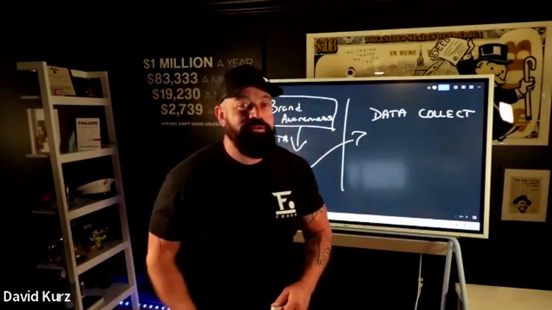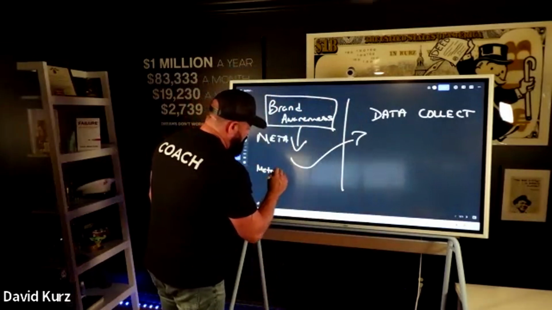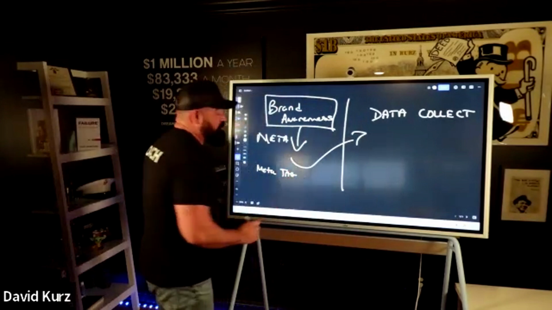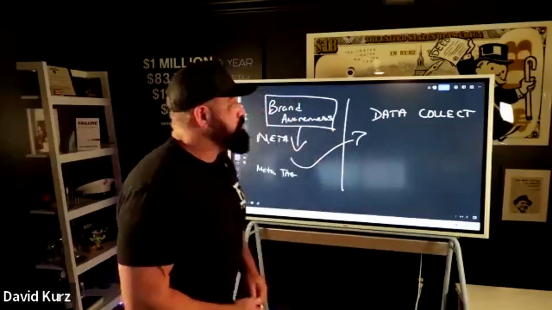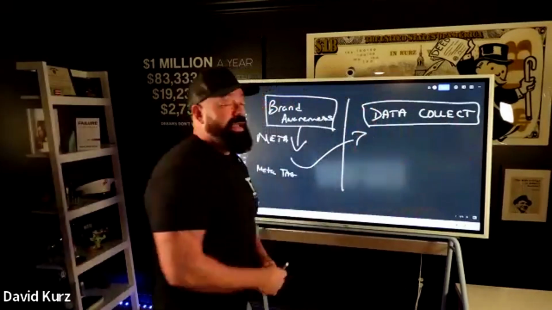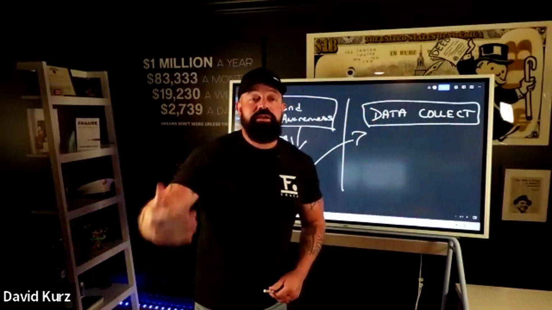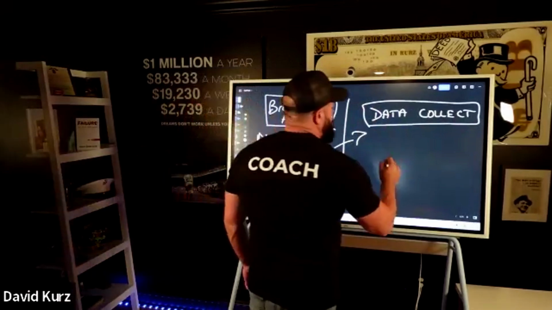Because if they visit the website, we can use something called a meta tag to know that they did that. And so when we're doing this, we want the most attention possible so that when we create an ad for data collection that says, hey, by the way, now I need your name, phone number, email address, and everything, we can do that by retargeting.